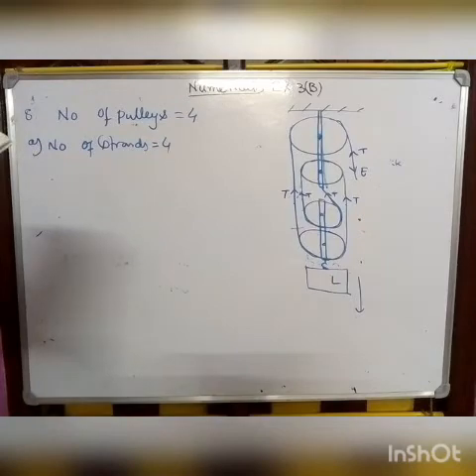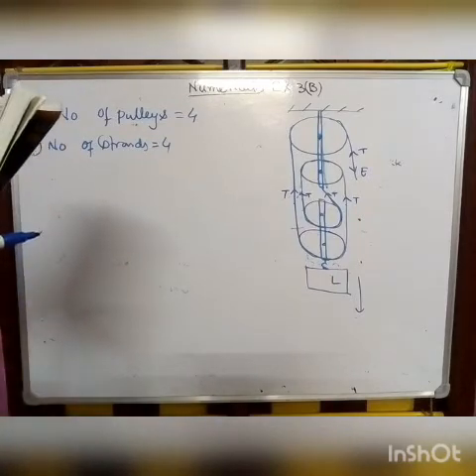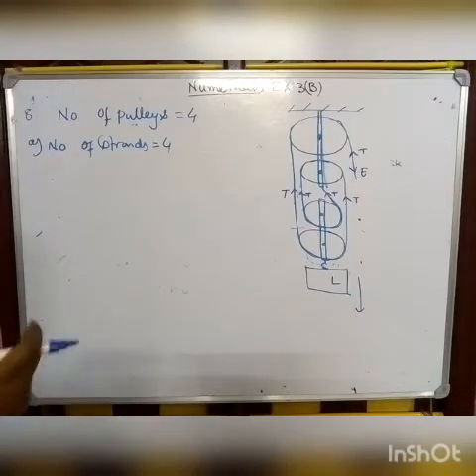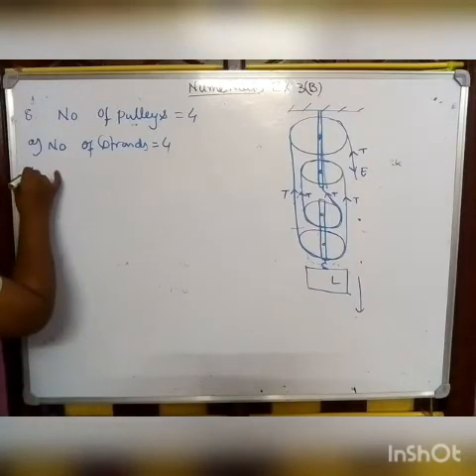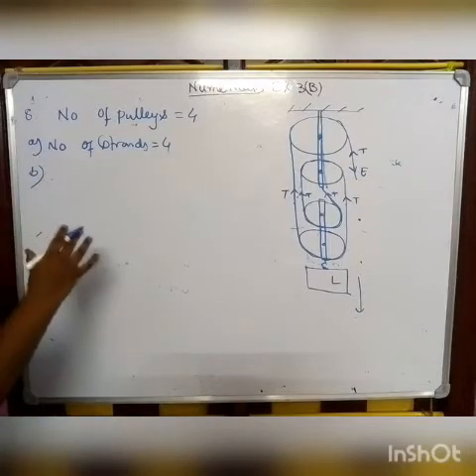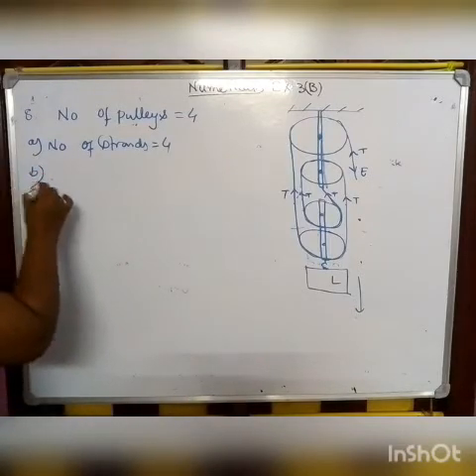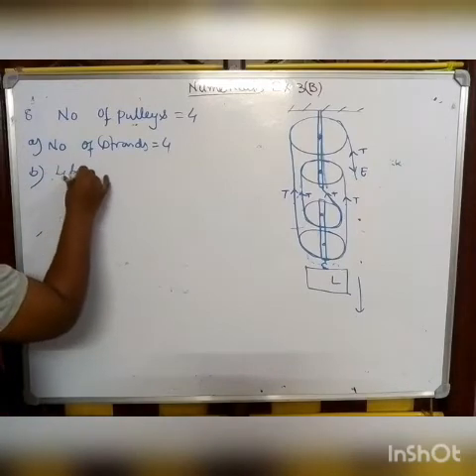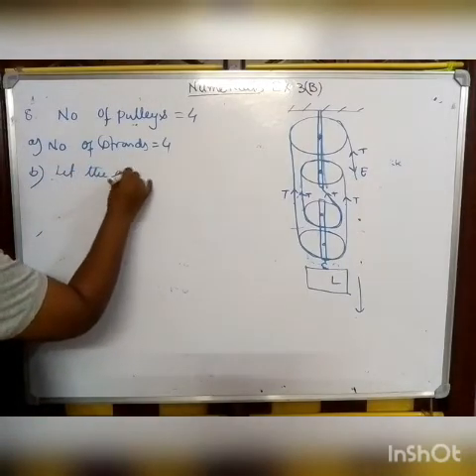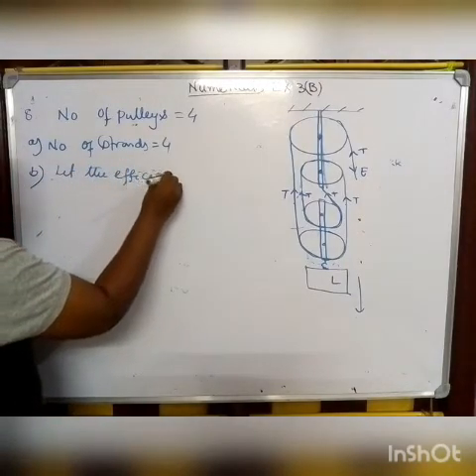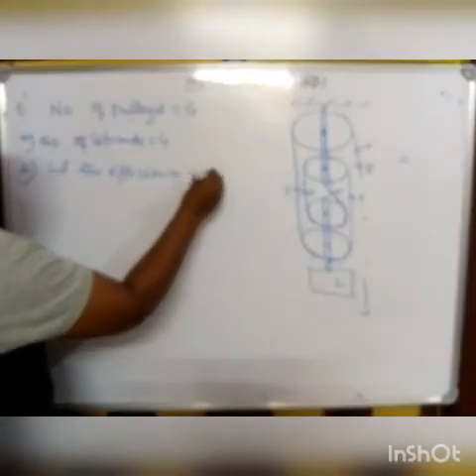Draw arrows to represent the tension of each strand. So we have already drawn. Okay, what is the mechanical advantage of the system? If I am talking about the mechanical advantage, see, as here the efficiency is not mentioned, we have to assume that the efficiency is equal to 100%.